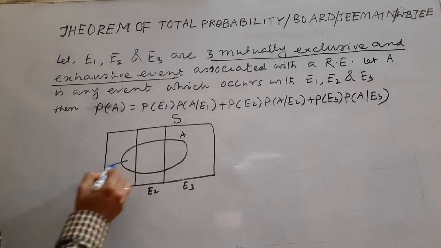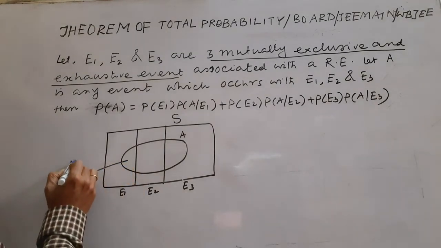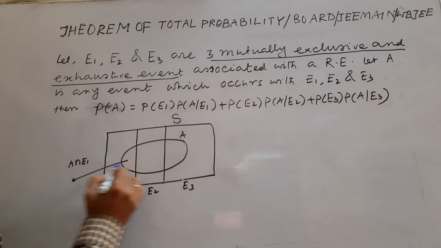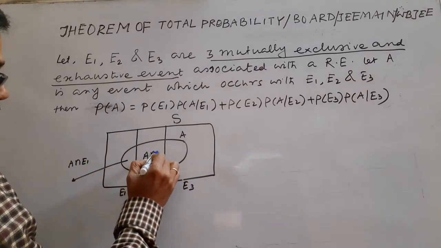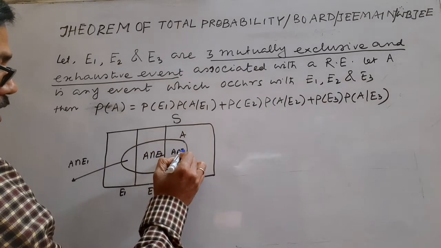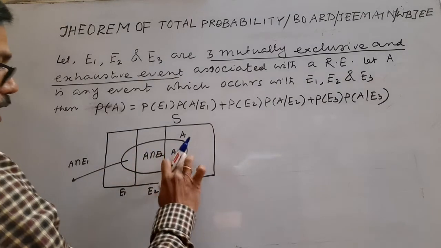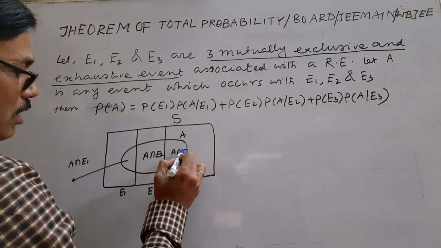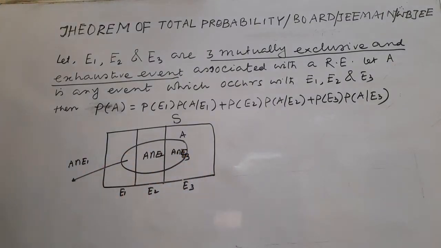Then this part is A intersection E1, common. This is A intersection E2. This is A intersection E3.